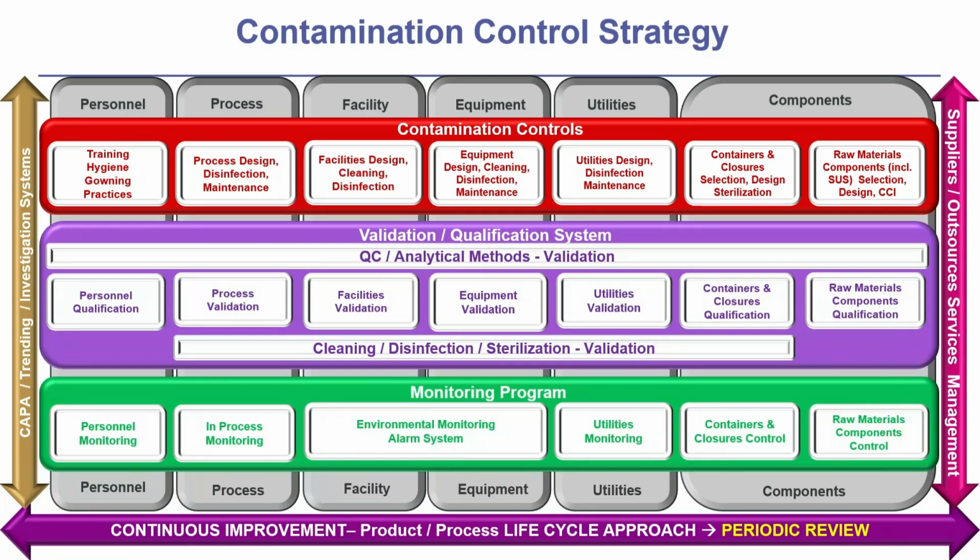With the contamination control, for example, defining for the personnel the training, hygiene, gowning practices; for process, facilities, equipment, utilities, those elements relevant to the design, cleaning, disinfection and maintenance. For the components, such as container and closure system and raw material components, define all the elements relevant to the selection, the design, and when required, sterilization and also integrity evaluation.